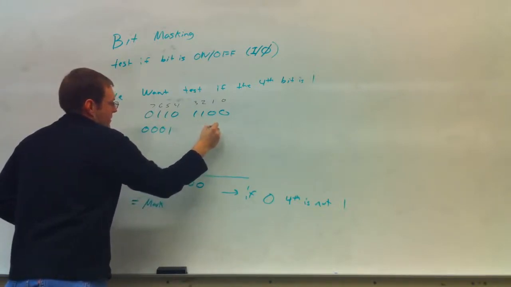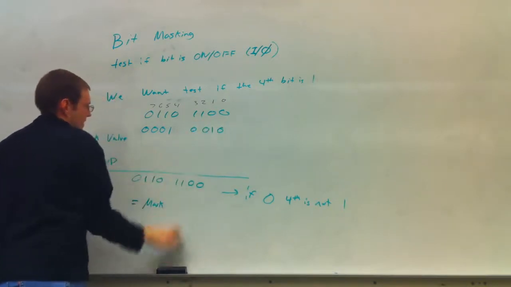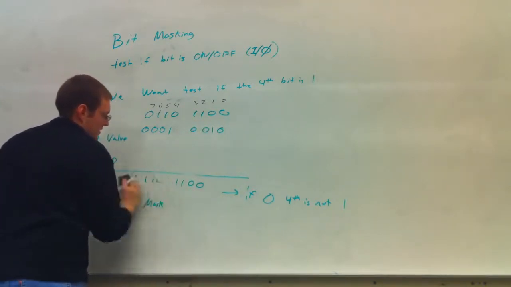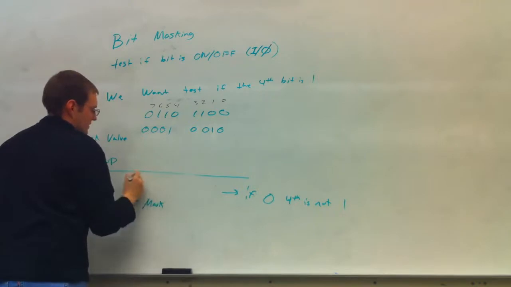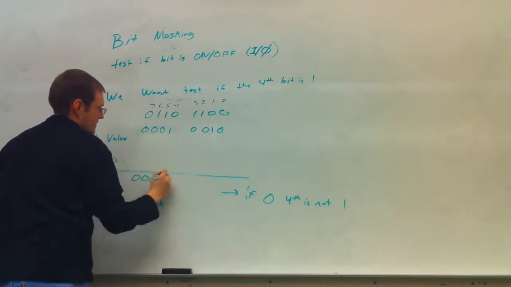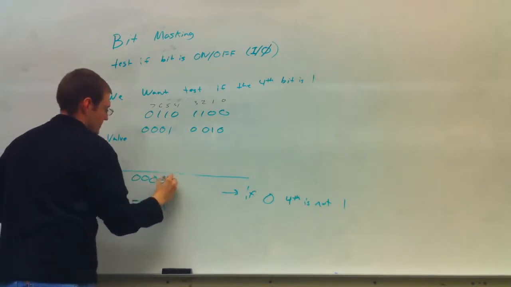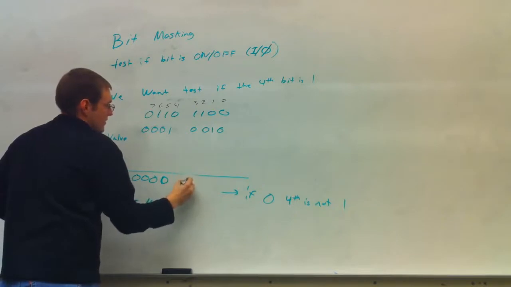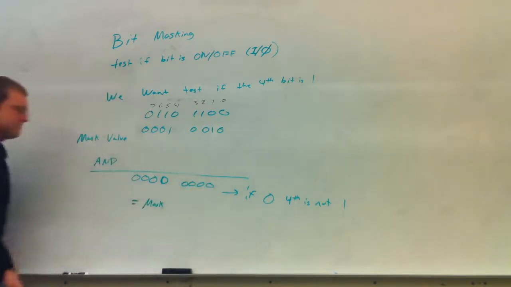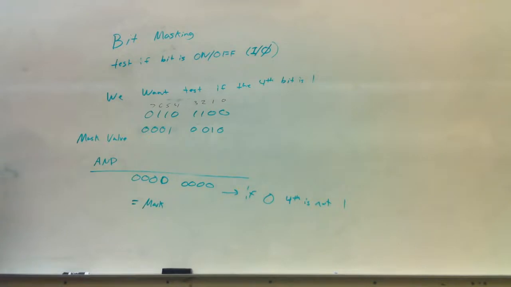We were testing the first one, right? So if you use AND, you have to mask with zeros. If you use OR, you mask with ones. And then the value you want to test is whatever.